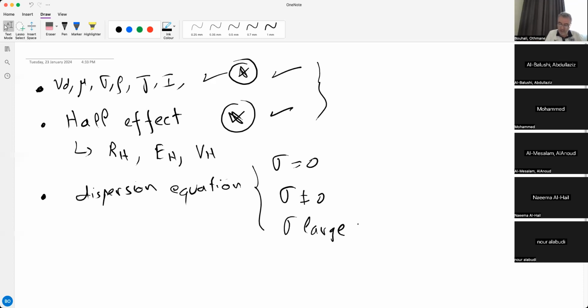And obviously how the dispersion equation is related to the attenuation of the wave in solids, in conductors, and how to calculate this attenuation.